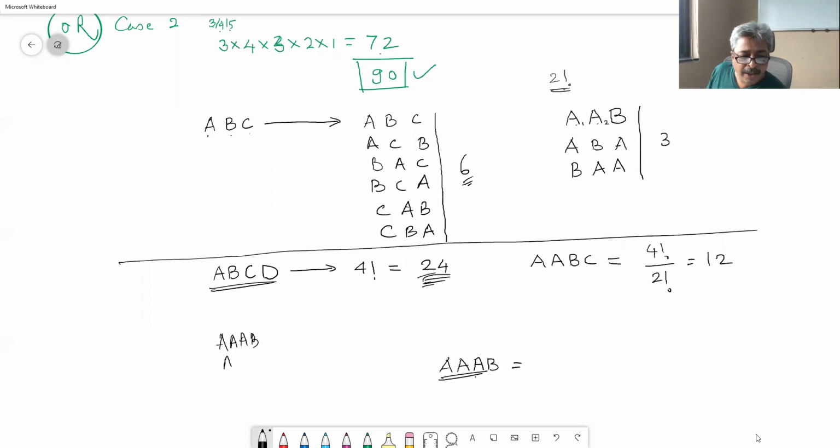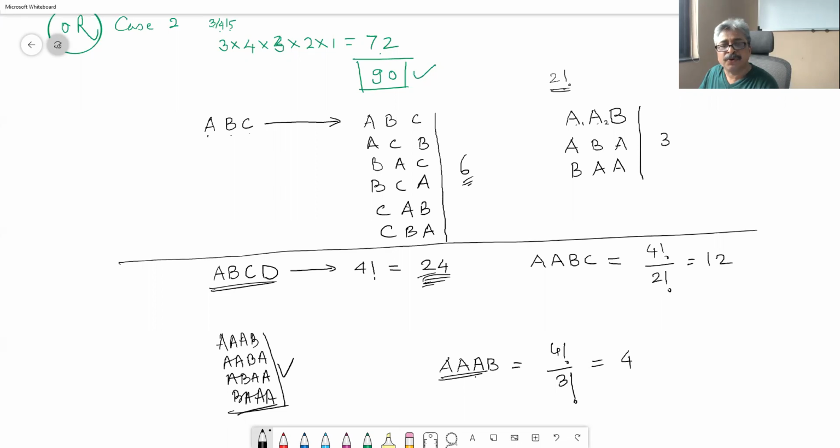AB A, and BAA, that is 4, but 4 not by enlisting, but 4 by 4 factorial upon 3 factorial. Do you understand? And therefore the answer becomes 4.